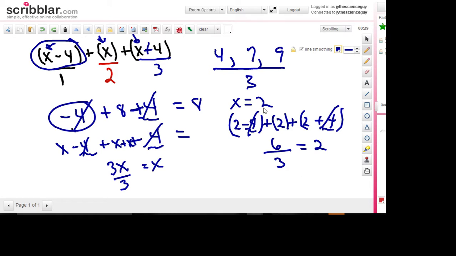And what did I say x was in the first place? 2. So I'm doing that to show you that that letter actually represents a number, and the number could be whatever you want it to be. It doesn't matter what number I stick in for x, I would still get the exact same number back. Okay. Does that make sense? Number 3, yes. Okay.